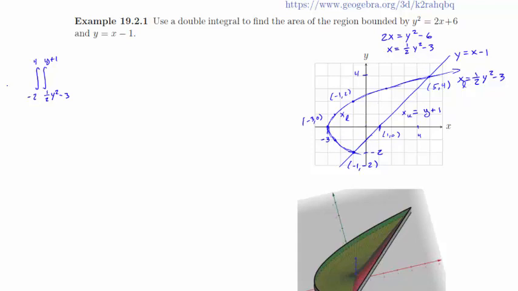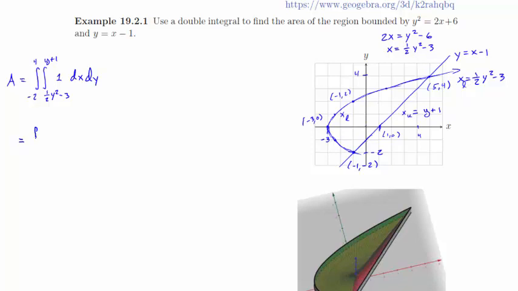So the area equals this double integral evaluated over 1, being the z value, the height. So the volume of this prism is going to equal the area of the region here. And so this is going to be dx dy.